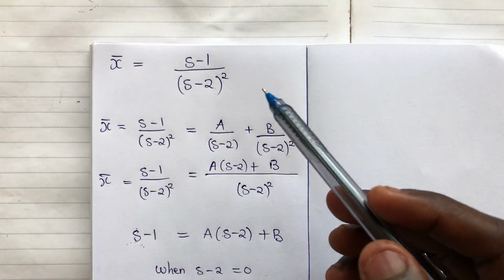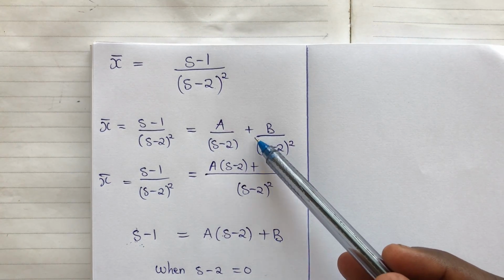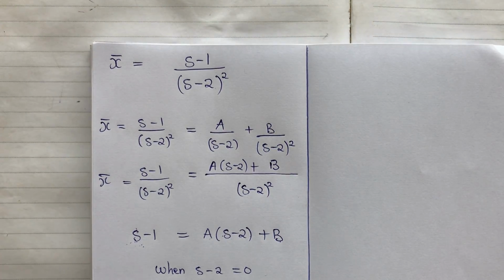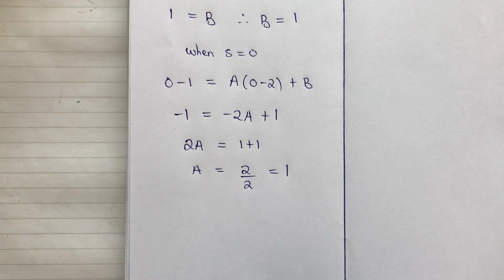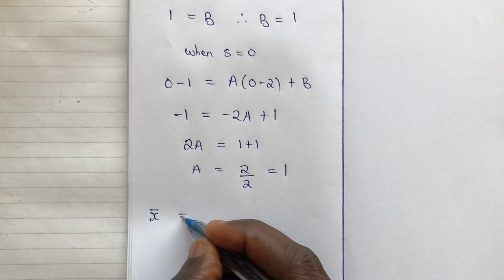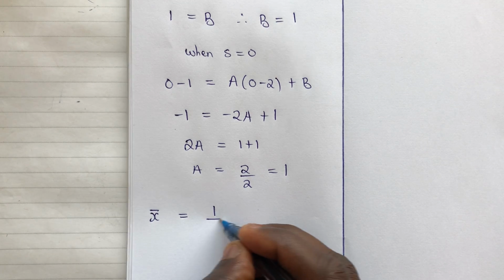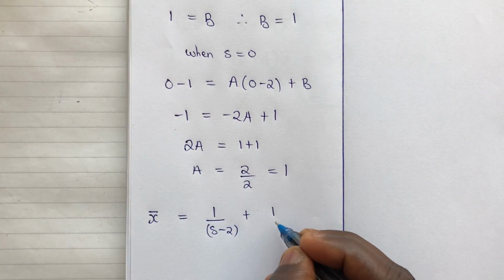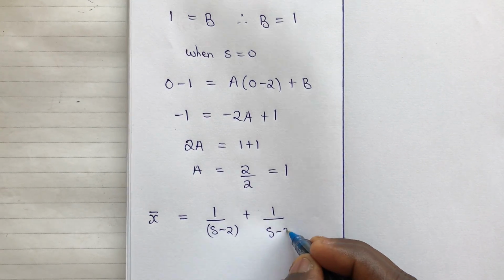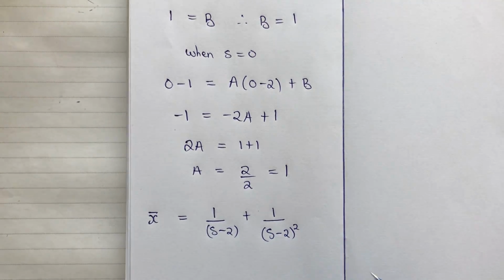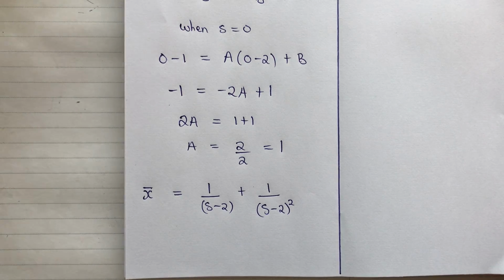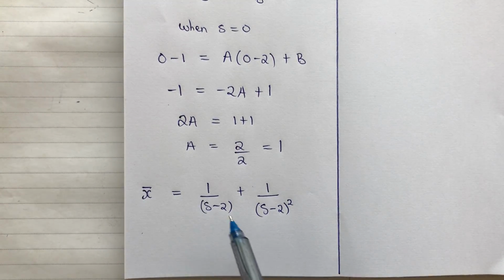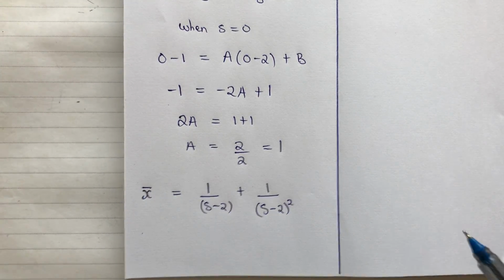So substitute the result into this part of the equation. So this becomes x bar equals a, which is 1 over s minus 2, plus 1 over s minus 2 all squared. Now, what are we looking for? Now that we have gotten here, we have been able to find x bar, but that is not the solution. We need the result for what?